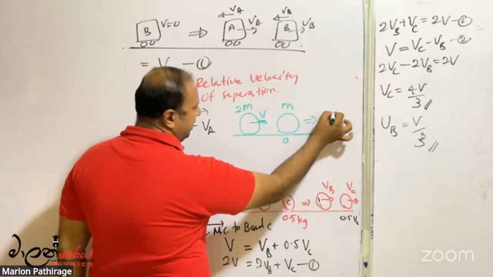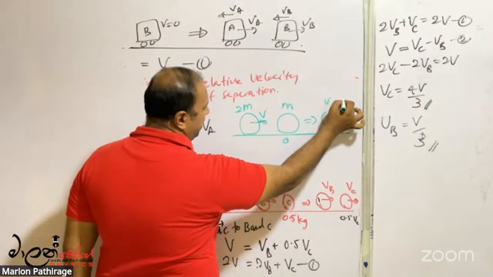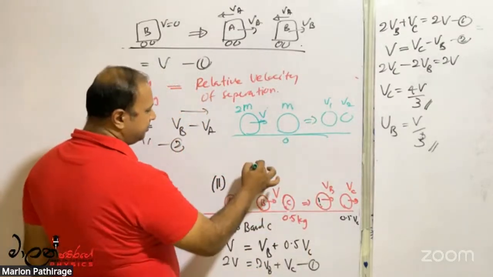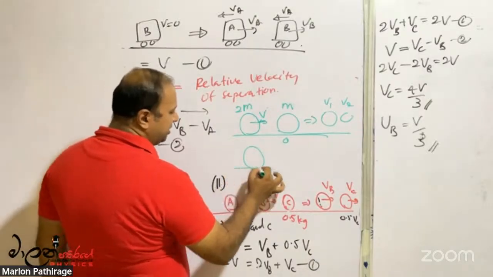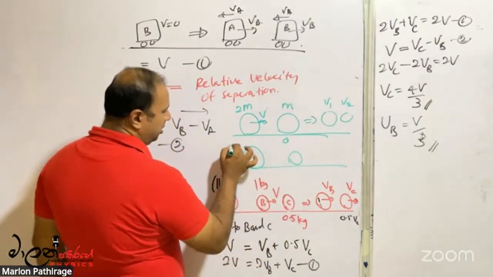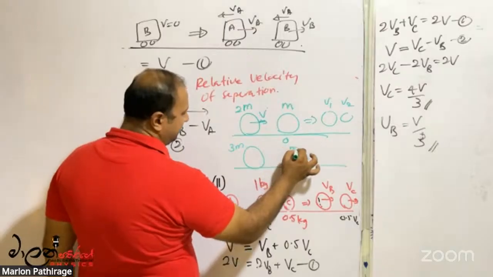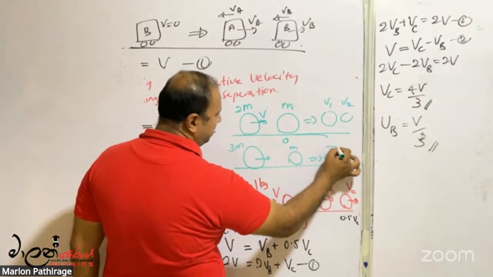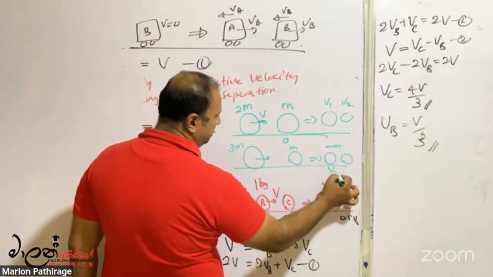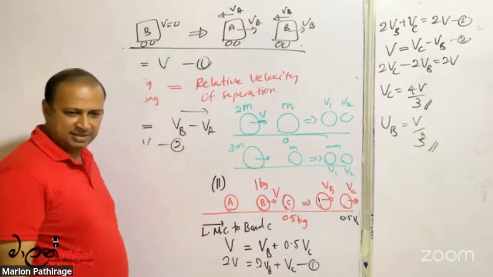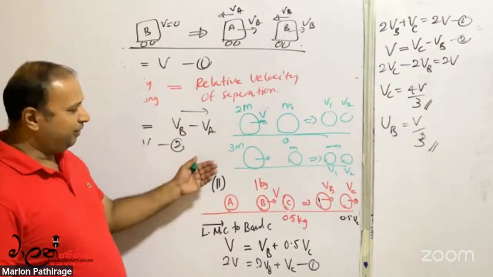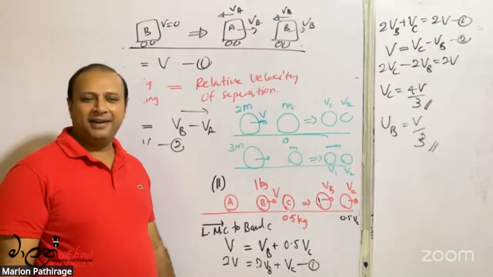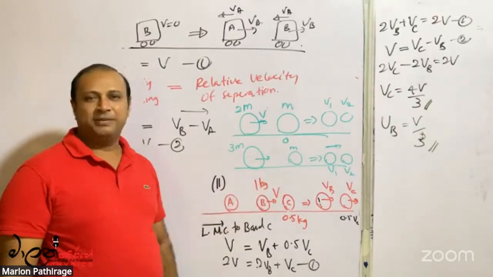Then what is the velocity ratio after collision? If it is 3 to 1, what would be the velocity ratio? If it is 3 to 2, or 2 to 3, don't take 2 to 3.